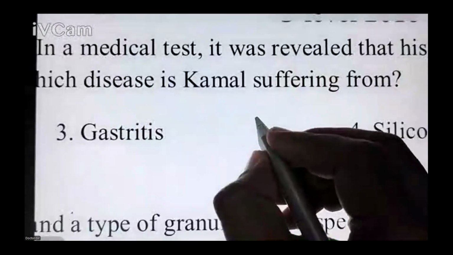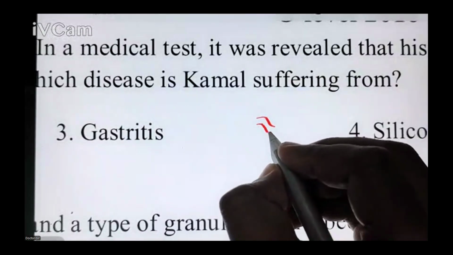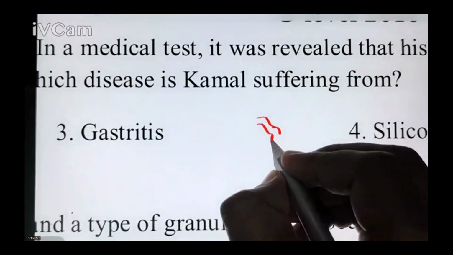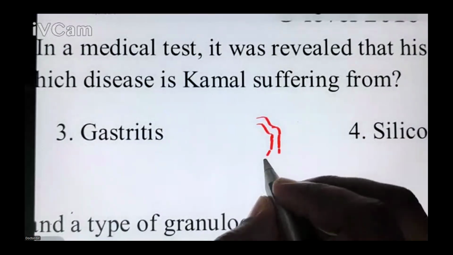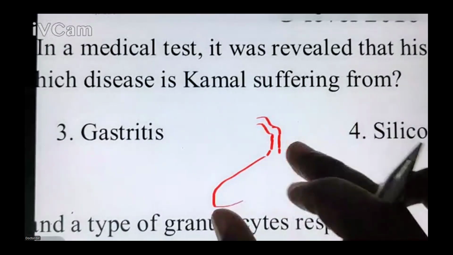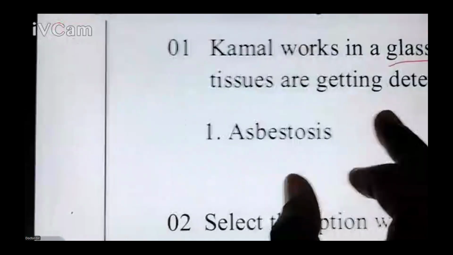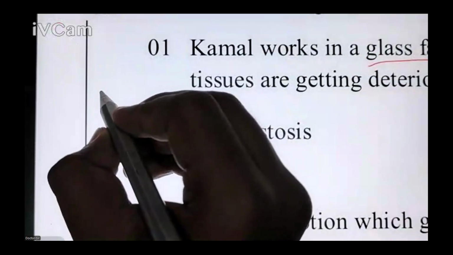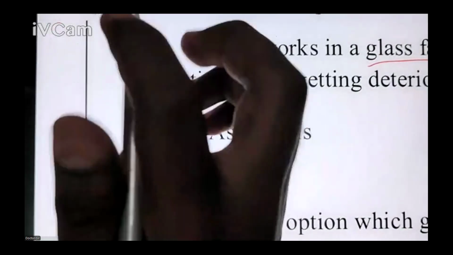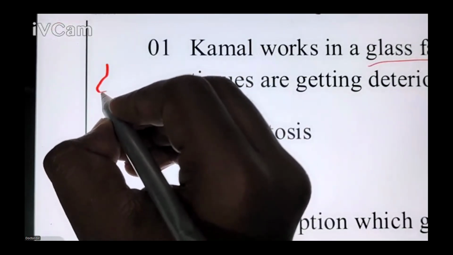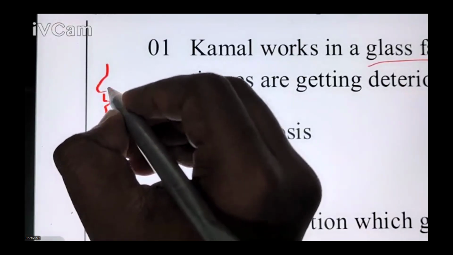Those silicon molecules enter the respiratory system. I will draw it somewhere here. This is the nose, and first I will go through the nose. This is the mouth.